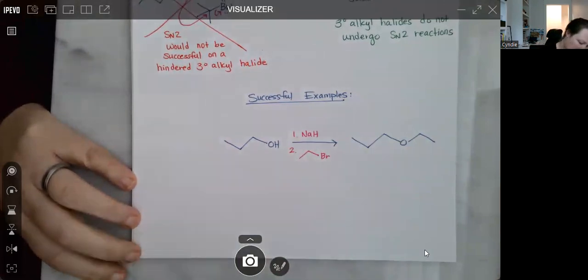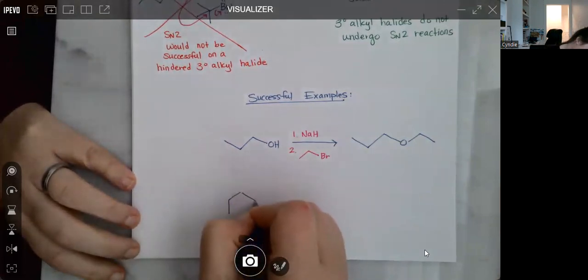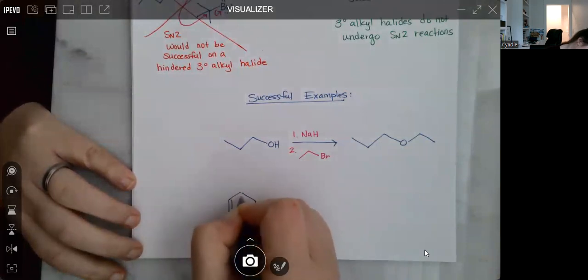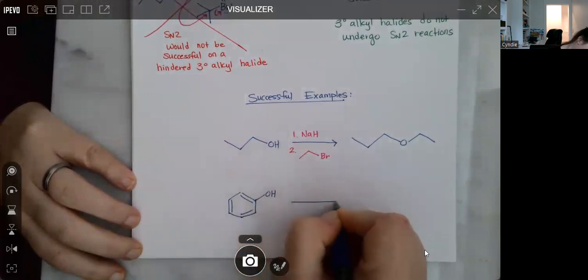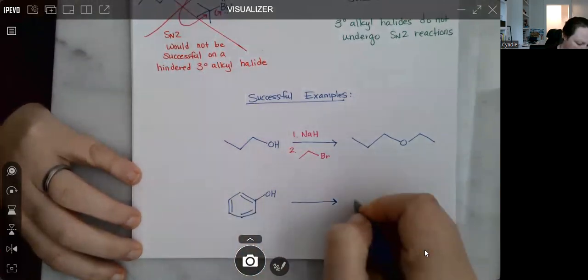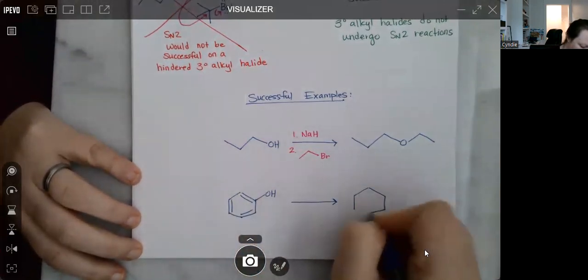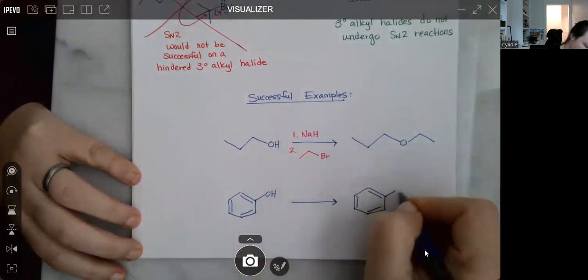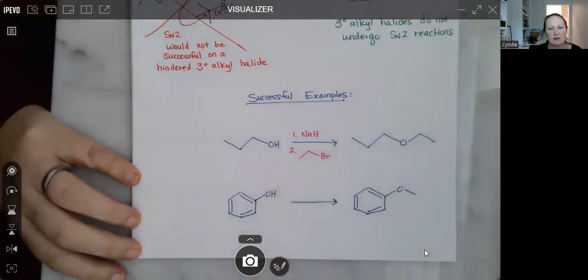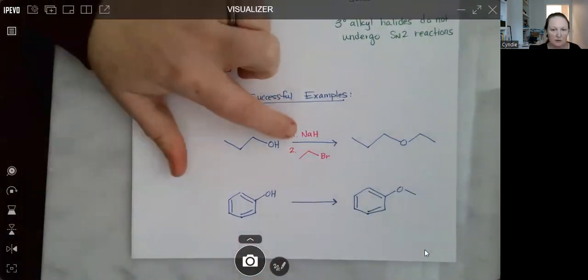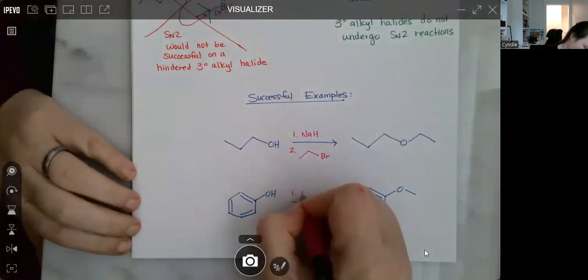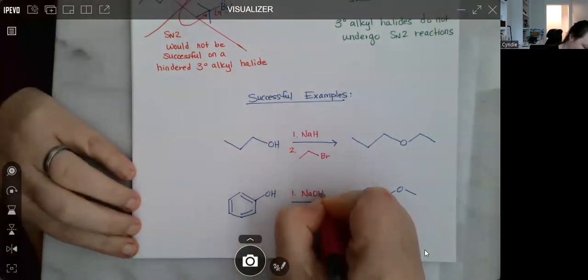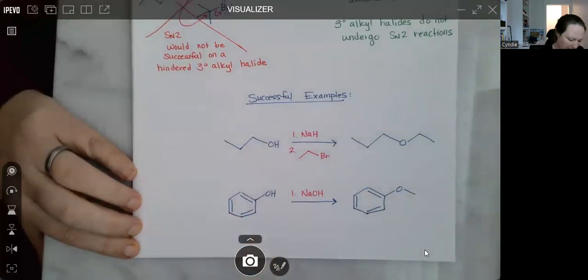Let's maybe give one more example. You could also use a phenol. Oftentimes with phenols, we use sodium hydroxide as base just because phenols are more acidic, so they don't require the stronger sodium hydride base. We can use sodium hydroxide in the case of a phenol.